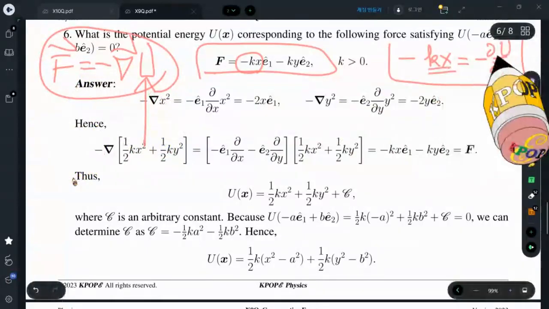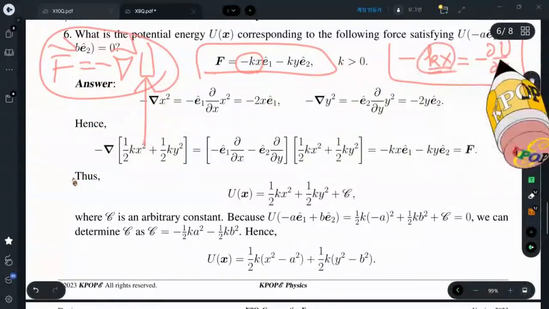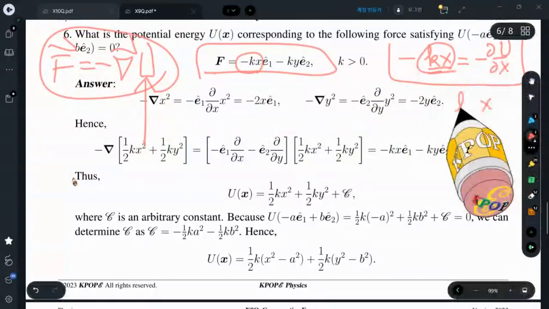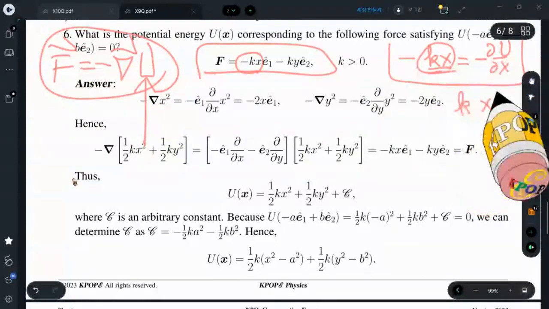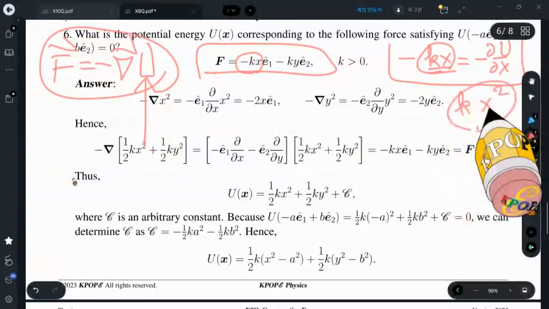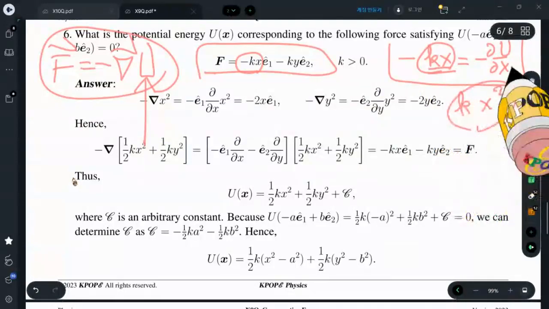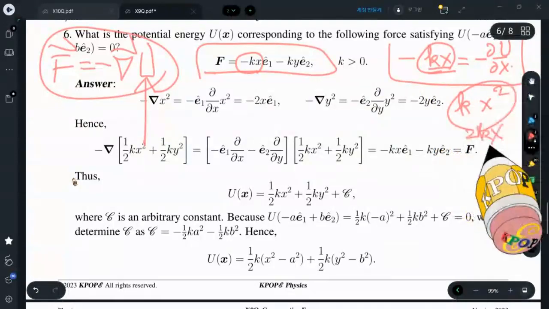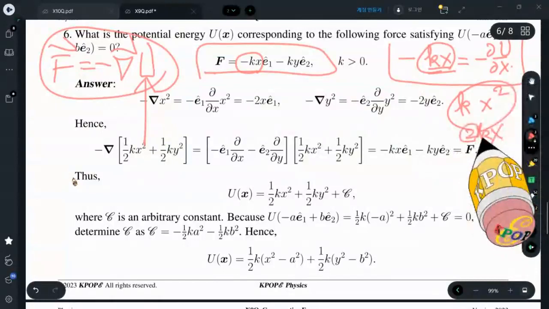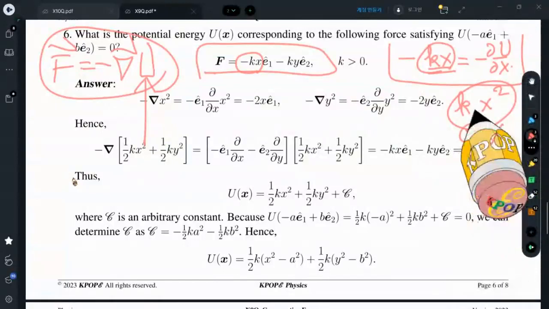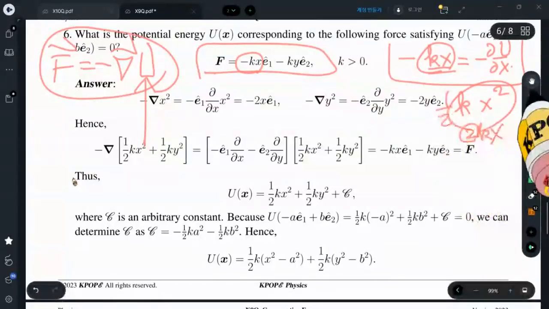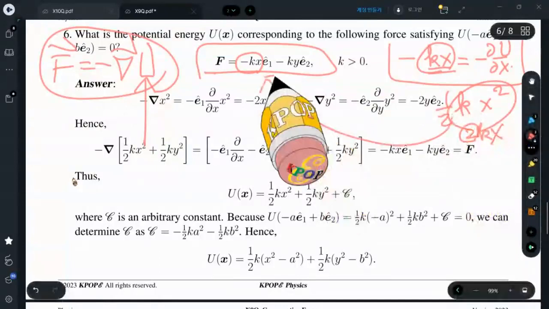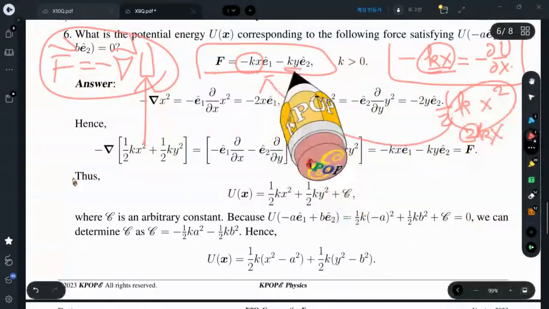At least this is kx. You have the x derivative, so you expect that it should be k times something squared. If you take the derivative of this with respect to x, you will find 2kx. We have a factor of 2 mismatch. So the final result is 1/2 kx squared. To reproduce this, what's next? This is ky.